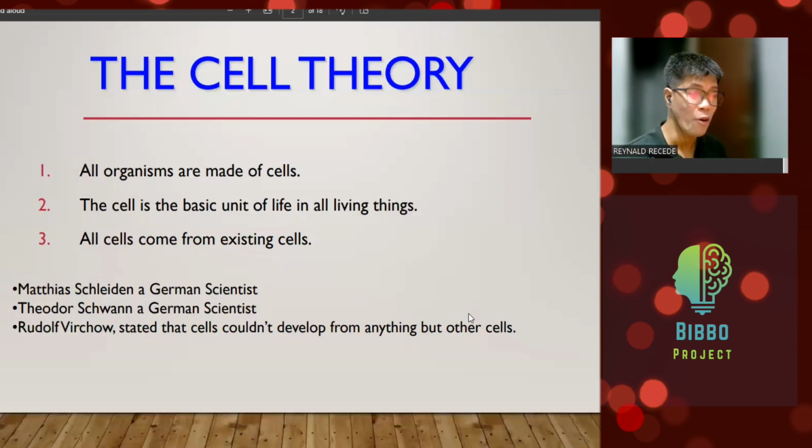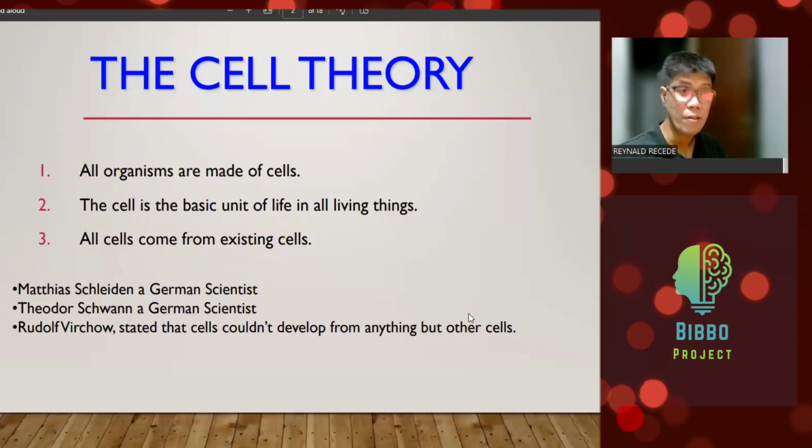Very important people who contributed to this theory are Matthias Schleiden, a German scientist, who stated that all plants are made up of cells. Likewise, Theodor Schwann, a German scientist as well, stated that all living organisms, all animals, are made up of cells as well. And Theodor Schwann was the one who formulated the first two premises in the cell theory.